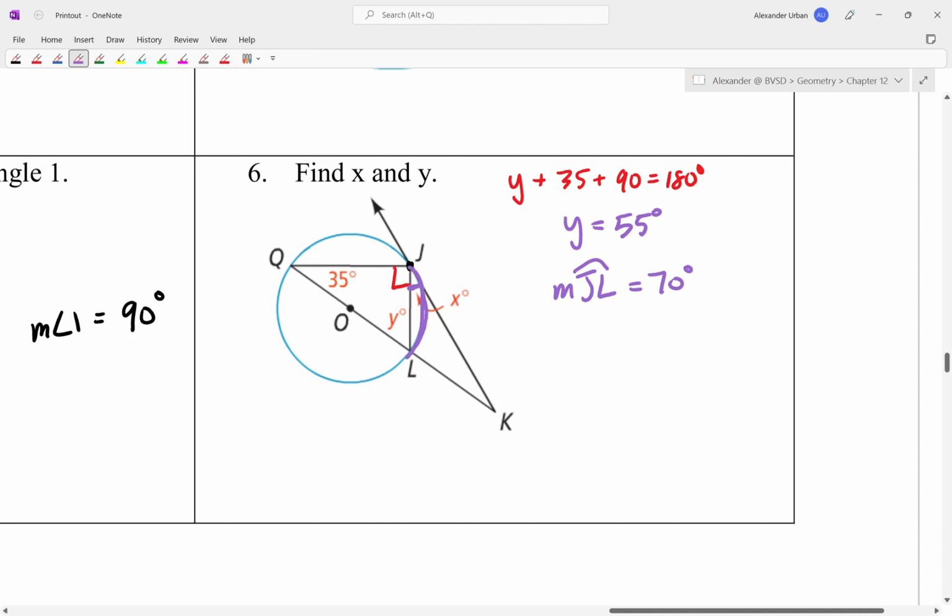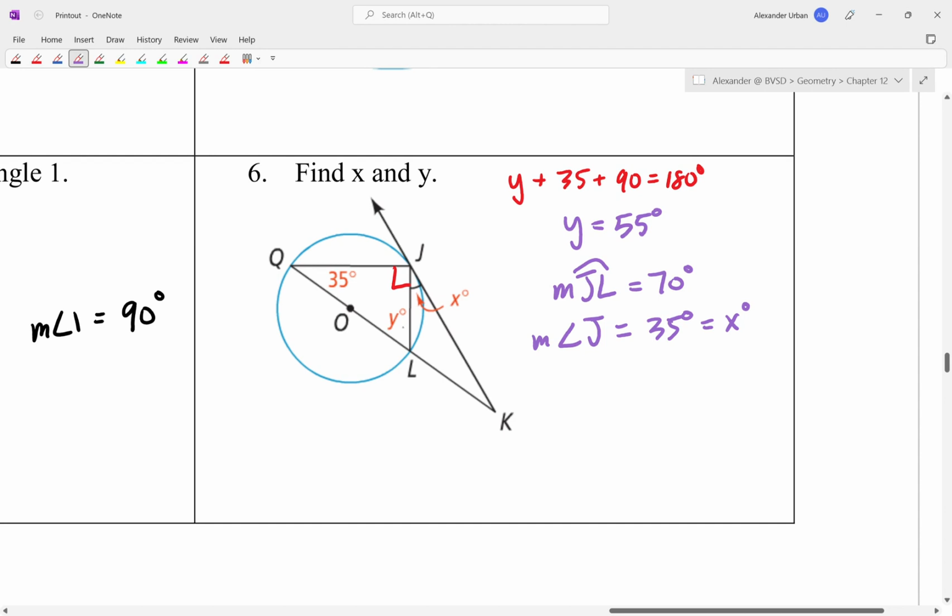It's looking at the same arc right here. So the measure of angle J has to also be equal to 35 degrees. Which means that x is also 35 degrees. If you don't believe me, that's perfectly fine. We could find another way of doing this, which is what I want you to do as well. It's really important for me that you have multiple ways of solving things.